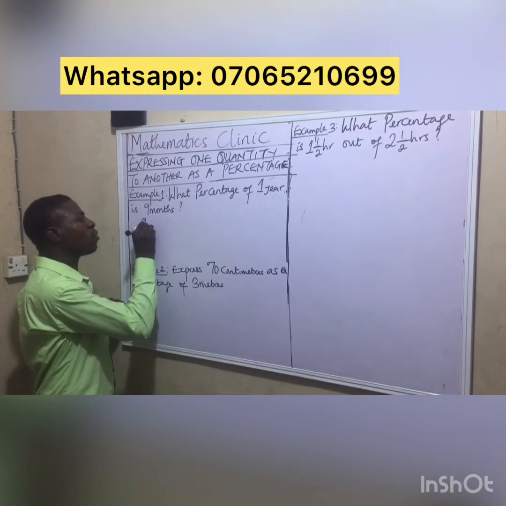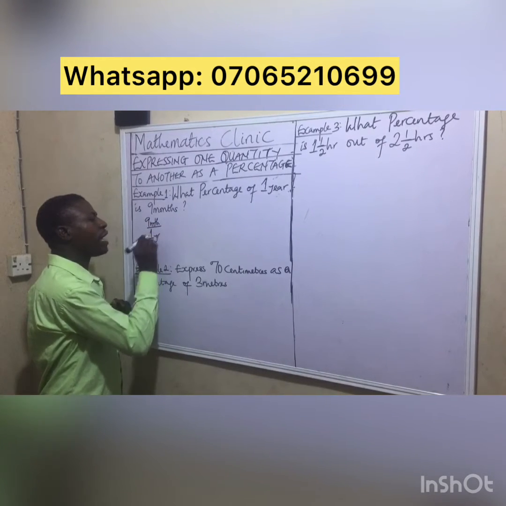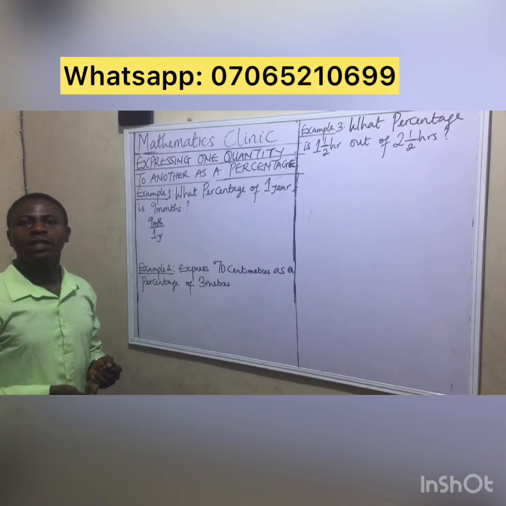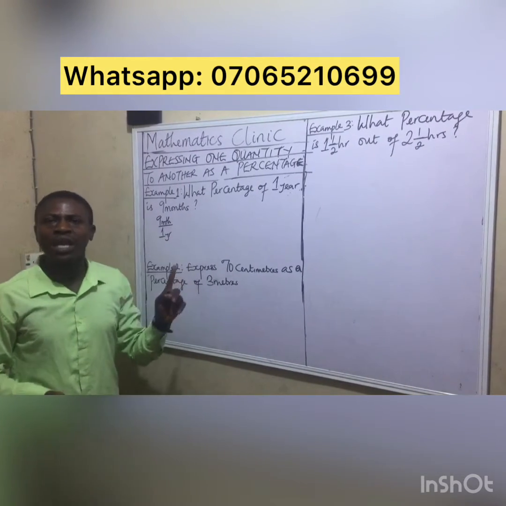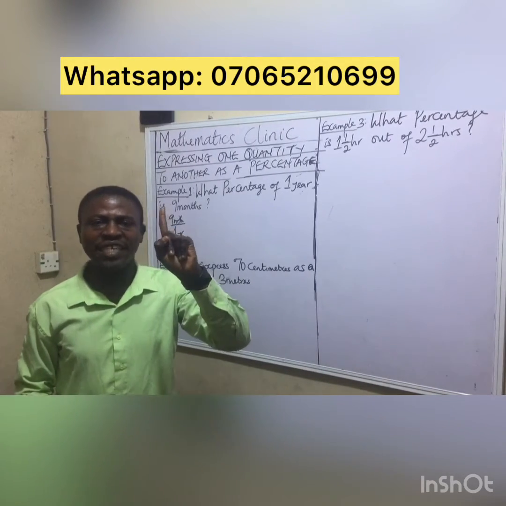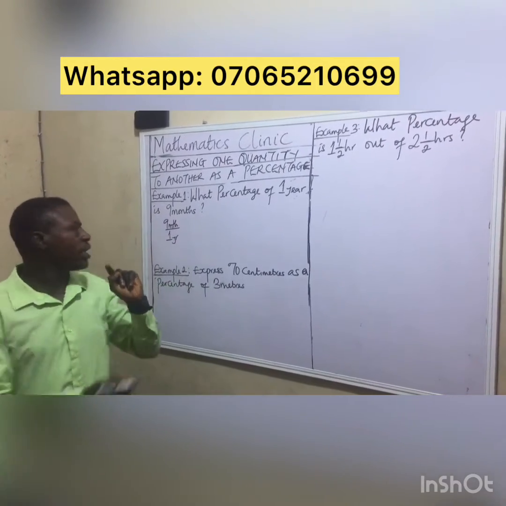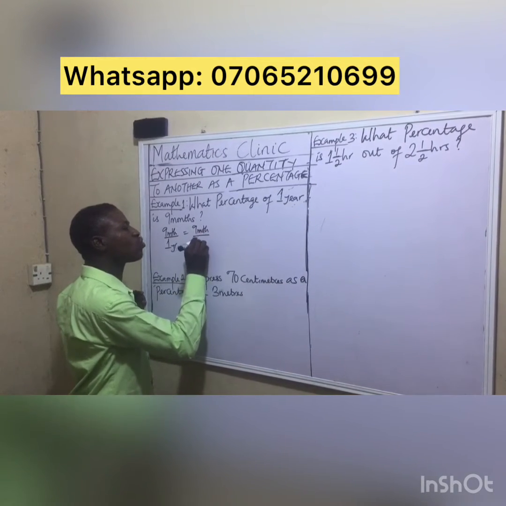It will be 9 months over 1 year. Do they have the same unit? They do not have the same unit. So we are going to change this year to months. And how many months are there in a year? 12 months make 1 year. So it will now be 9 months over 12 months.